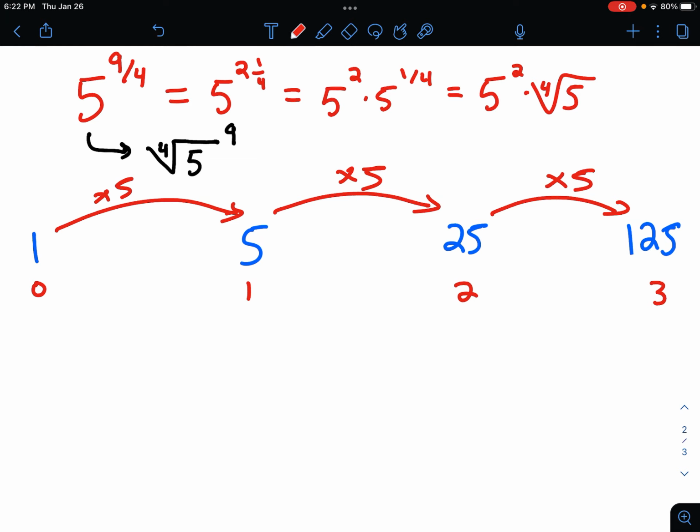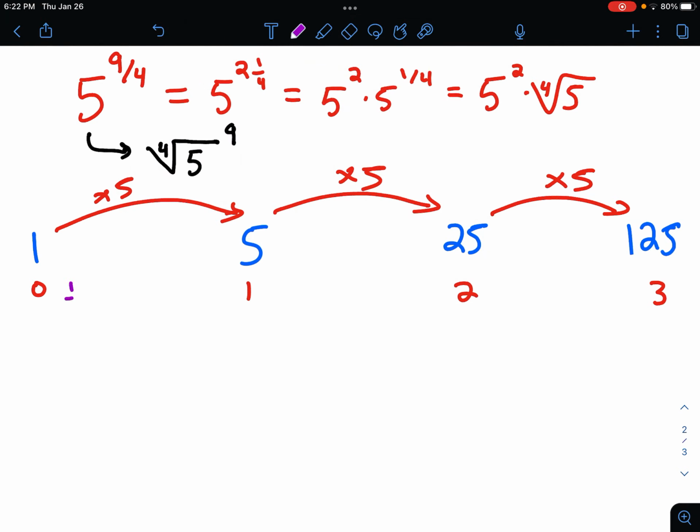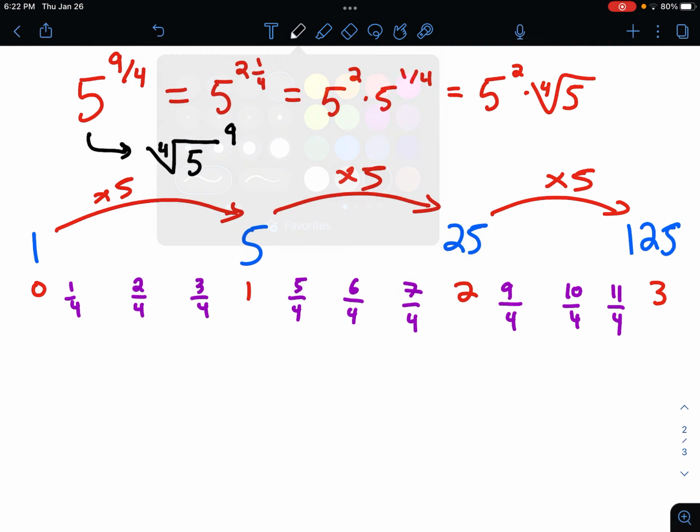But we're going to break those multiplications down into fourths this time. So we're going to say 1/4, and then 2/4, which is a half, 3/4, 5/4, 6/4, 7/4, 8/4, 9/4, 10/4, 11/4.